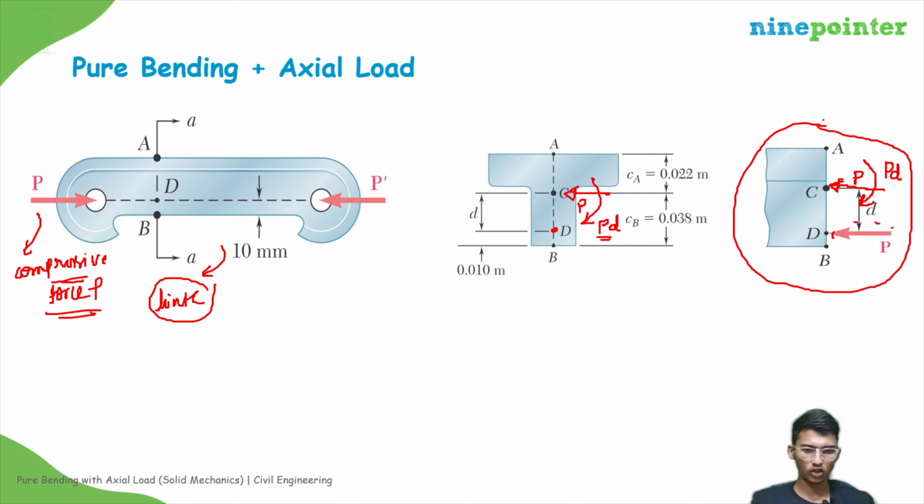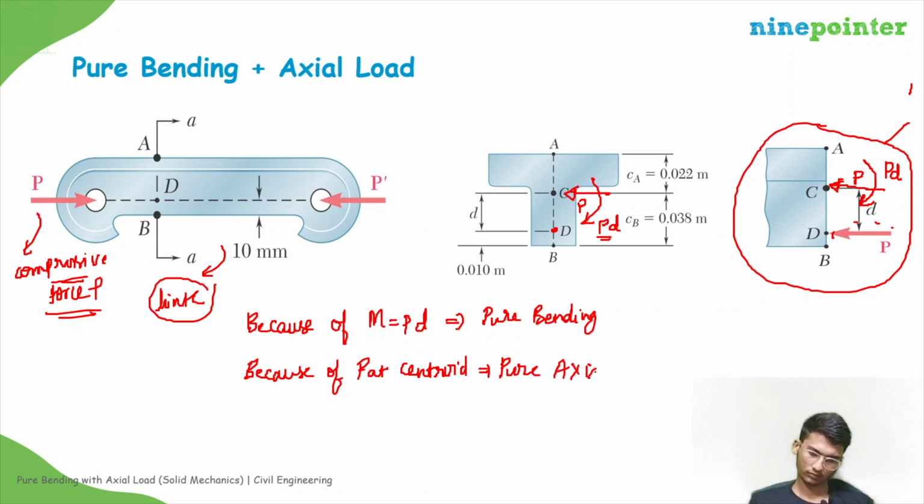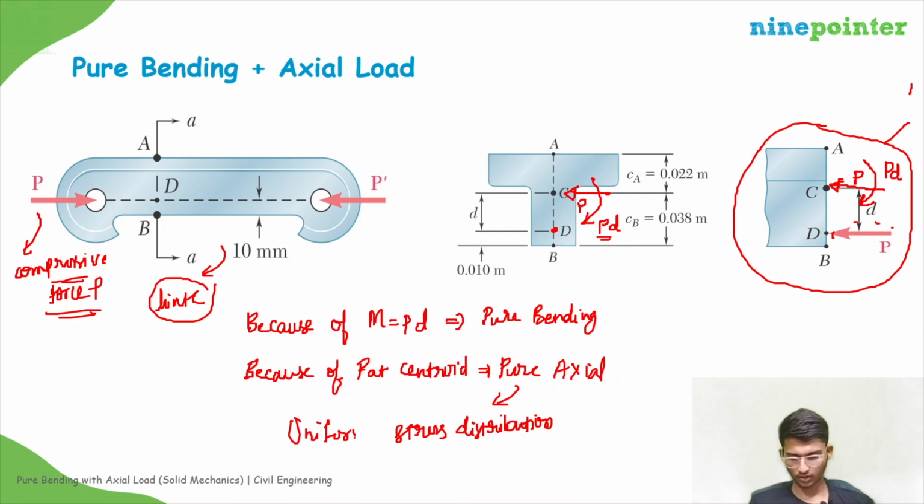One is the pure bending case because of this PD, and because of P at the centroid, pure axial with uniform stress distribution.